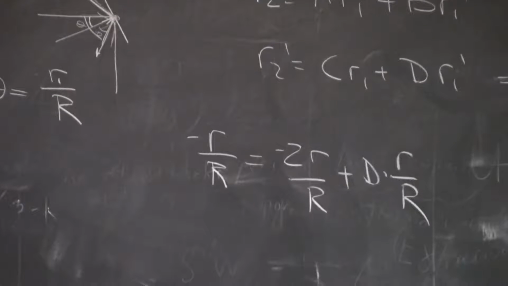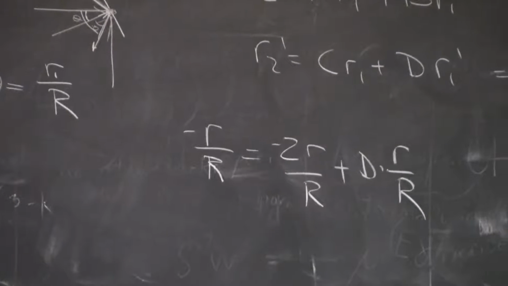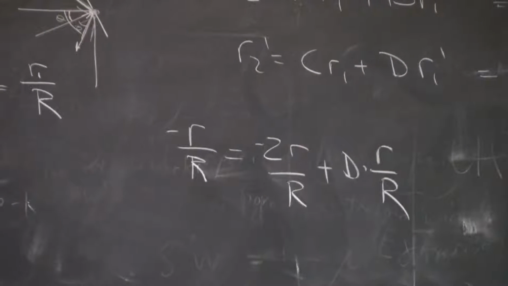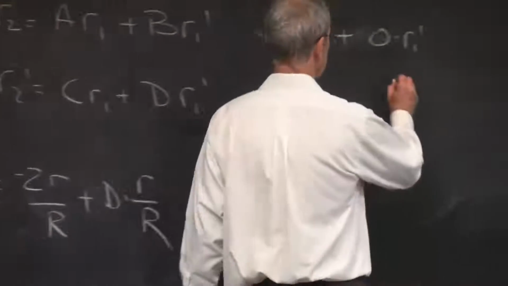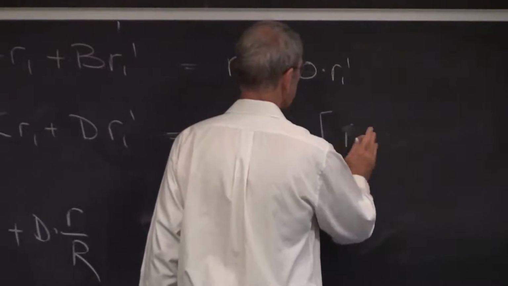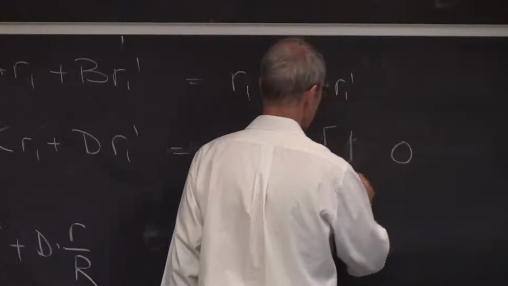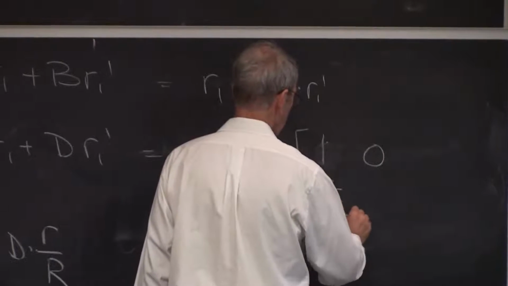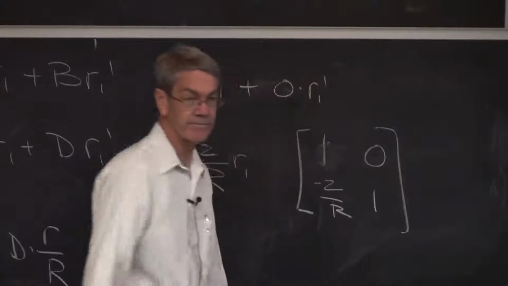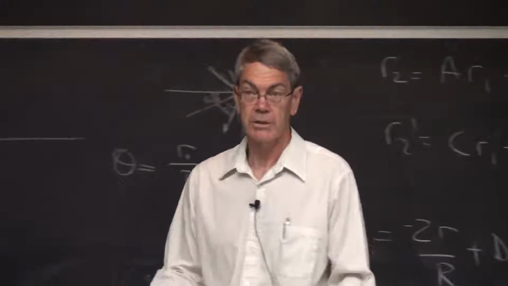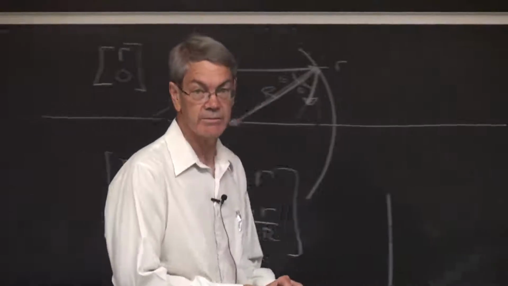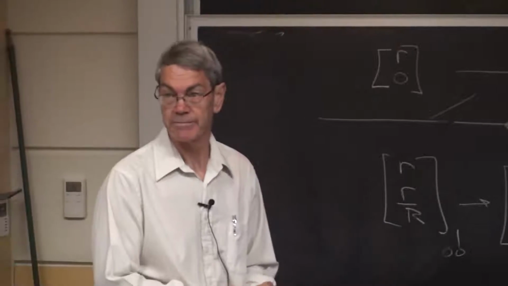Solve for that. Clearly the answer is D equals 1. And so if I do that, I now find that my ABCD for the curved mirror is 1, 0, minus 2 over R, and 1. And that is, in fact, the ABCD matrix for a curved mirror.